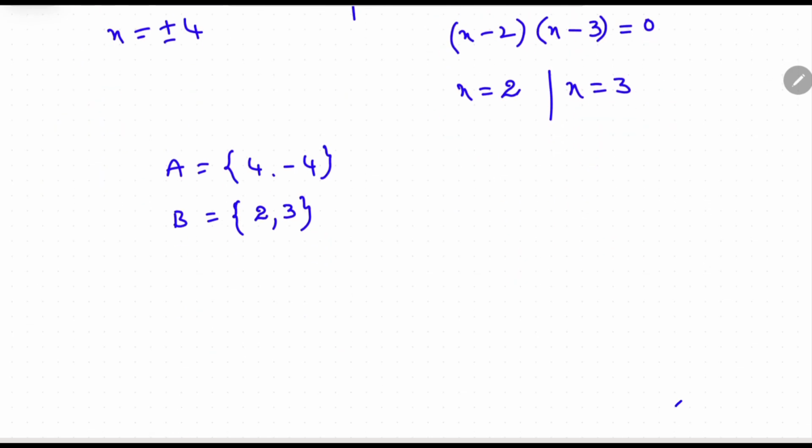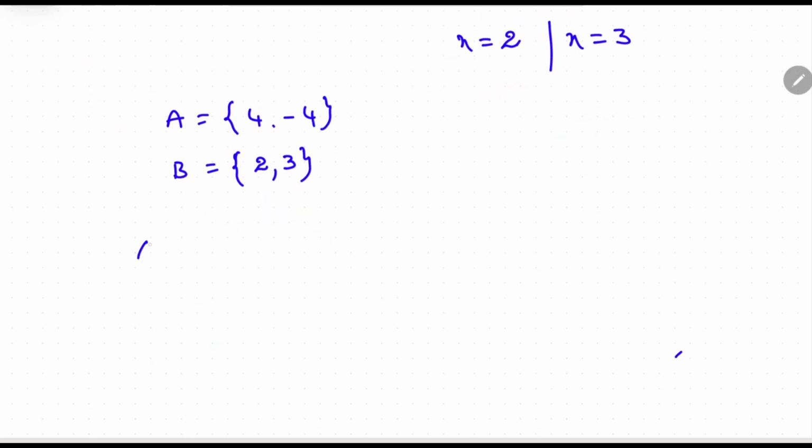A union B. So on joining we have to write everything: 4, minus 4, 2, 3.